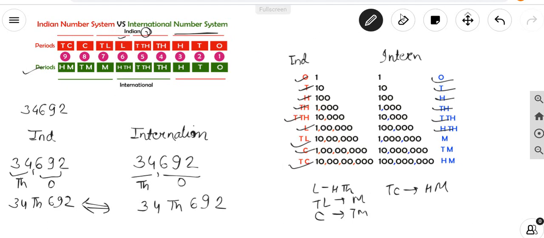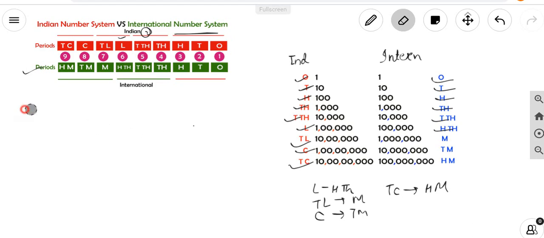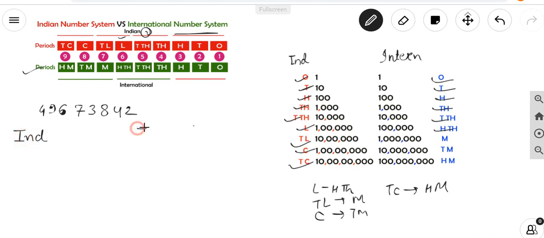So we'll take another example: 4967384, in the Indian number system and the international number system.